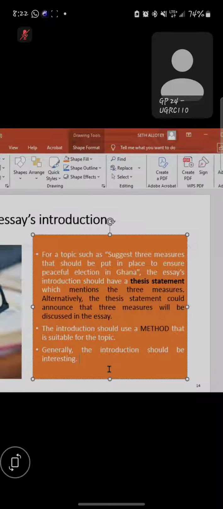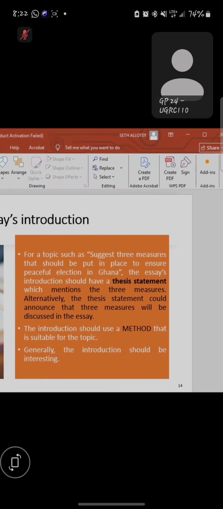When you talk about method or strategy, what do we have in mind? A method that is suitable, that should be interesting. I'll go down the list and show you the slides.